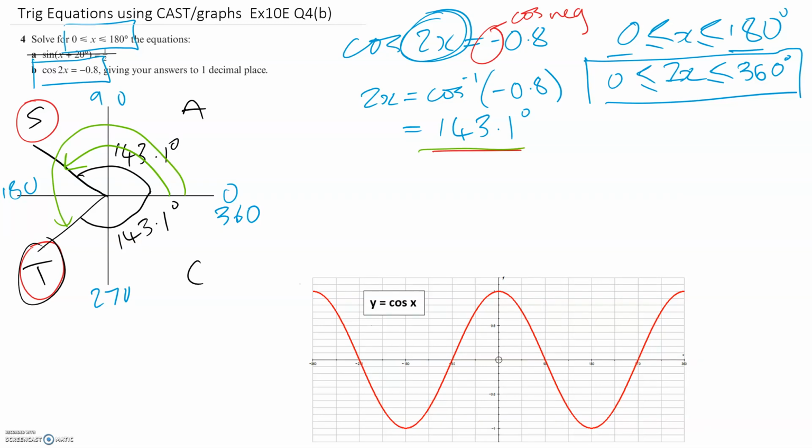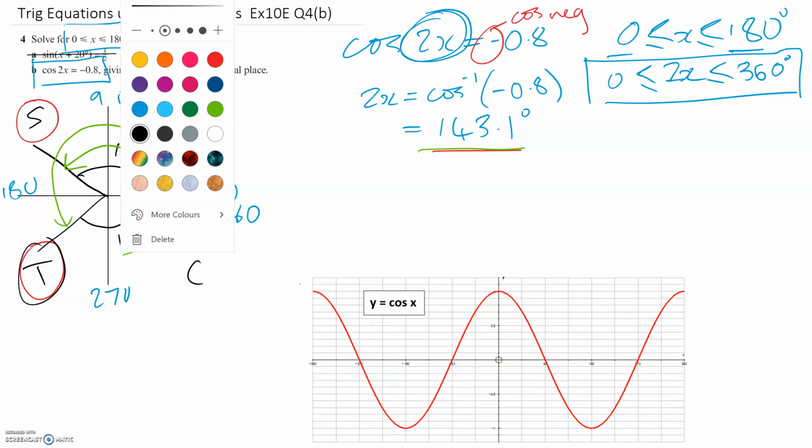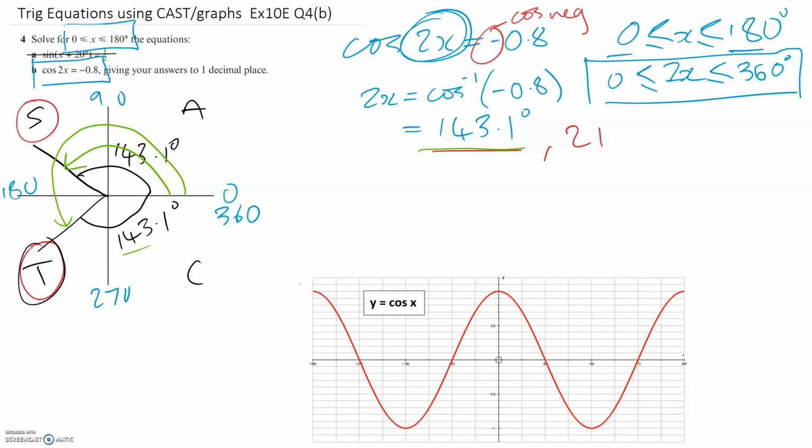Bang, hit the line. That will be 360 minus 143.1, which I think is 216.9. I'll write it over here, 216.9.